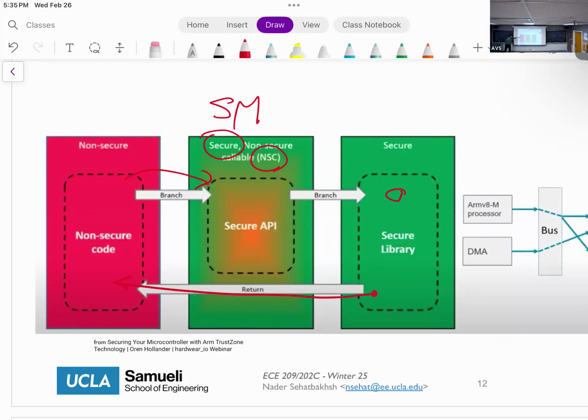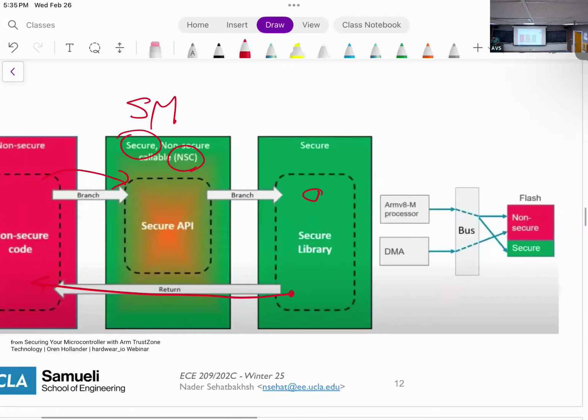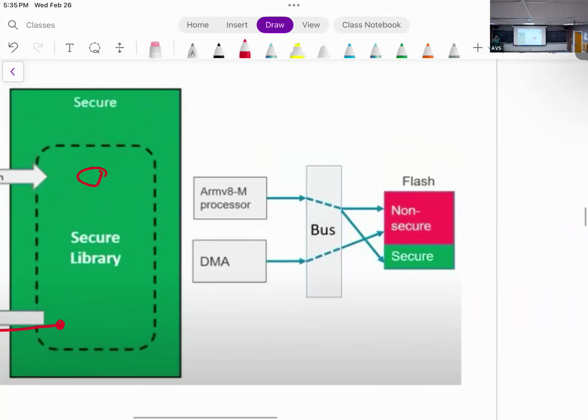And this jump can go directly from the secure environment to non-secure because you have the trust from secure to non-secure. Essentially, if you think about how this is implemented in your system, you will have your processor here. Everything, including trusted and untrusted, is running on the CPU.